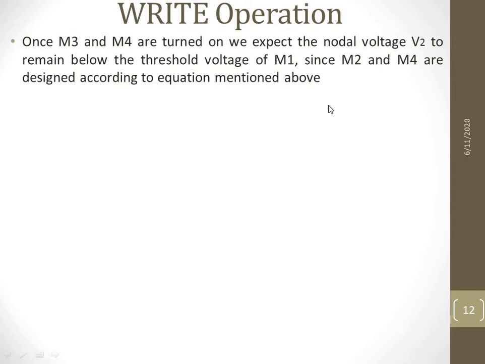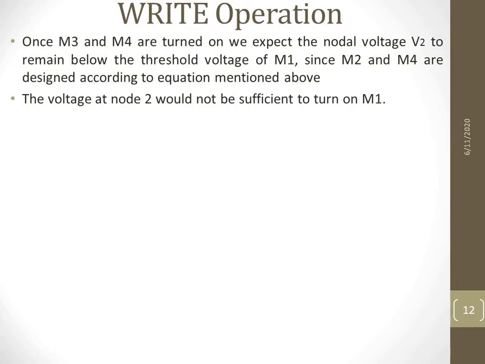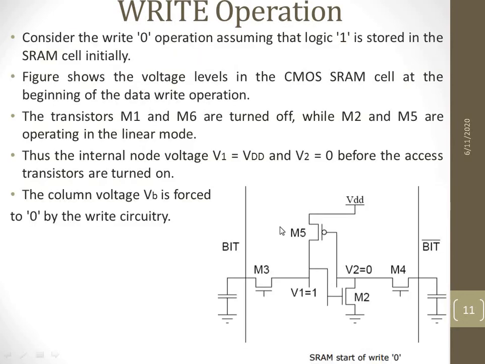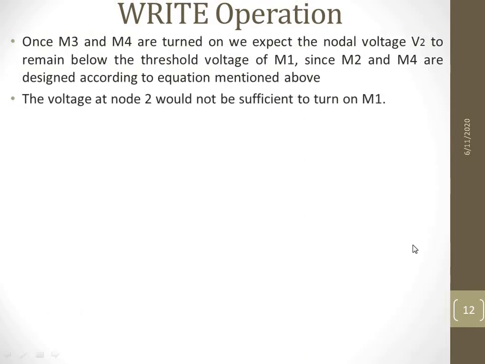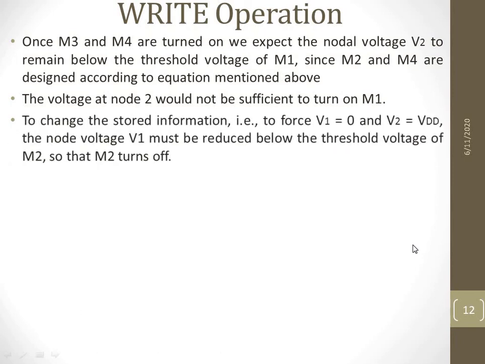You can see here, since M2 and M4 are designed according to the equation mentioned before, the voltage at node 2 will not be sufficient to turn on M1. M1 is connected here, so the voltage coming up here, which is connected to M1, may not be sufficient to turn it on.